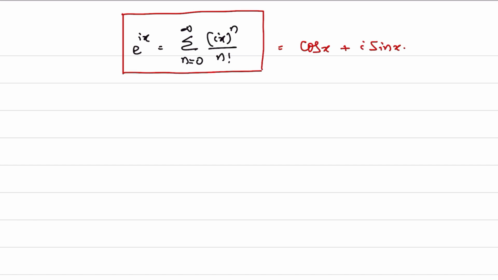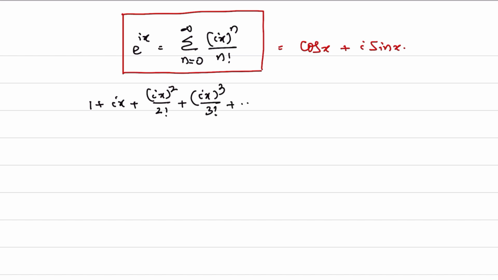When we expand the left hand side, we get 1 plus ix plus (ix) whole square by factorial 2 plus (ix) whole cube by factorial 3.